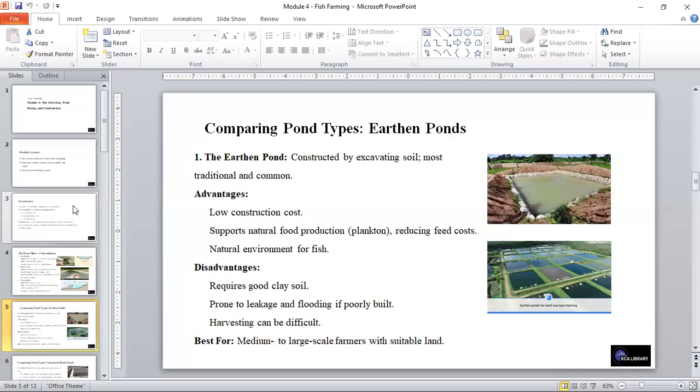Also, it is prone to leakage and flood if poorly built. And lastly, harvesting can be difficult. So, for earthen pond, it is best for medium to large-scale farmers with suitable land and required knowledge about the construction.